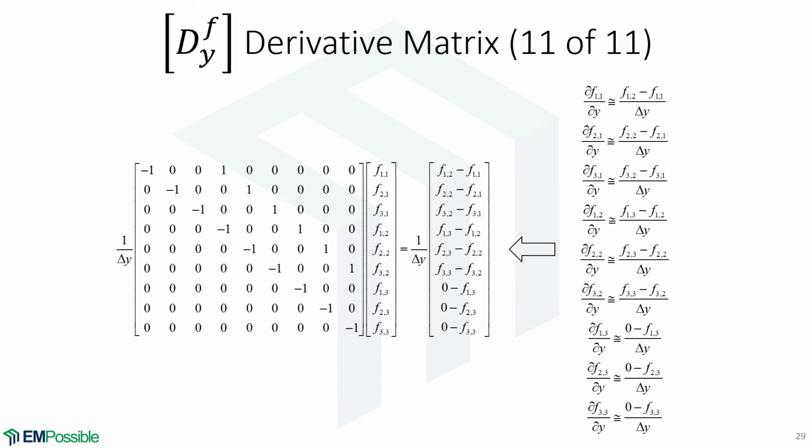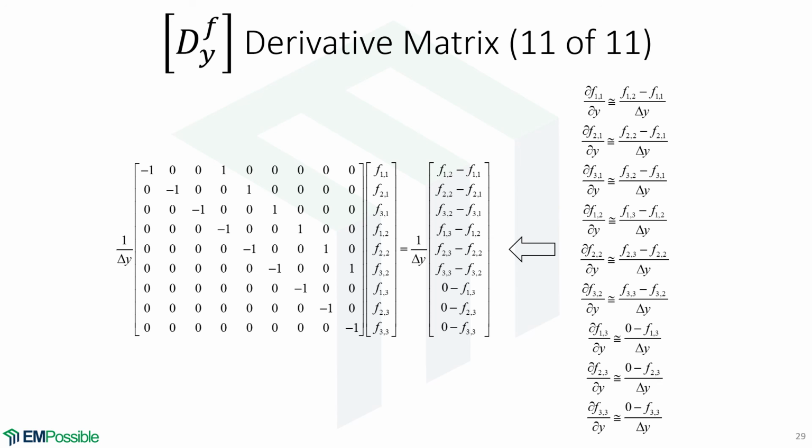And we see we have something with 2 diagonals again. We have negative ones going down the center diagonal, and we have positive ones going down an upper diagonal, but there's no zeros mixed in with this. For derivatives in the y direction, because we're rastering first along x and then along y, just inserting 2 pure diagonals, we have Dirichlet boundary conditions already there.